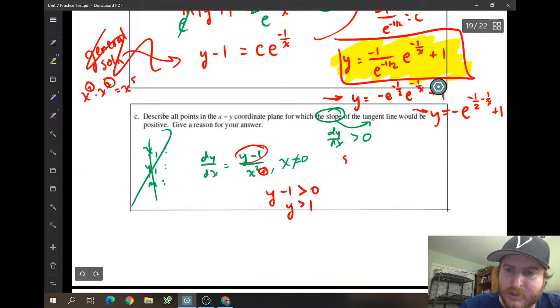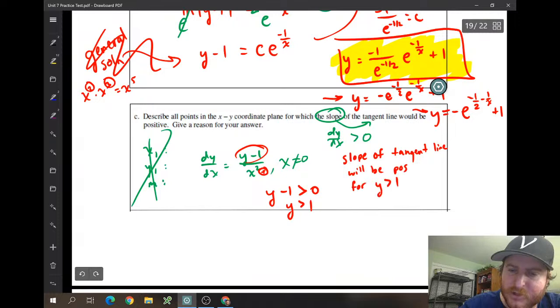So we can say the slope of the tangent line will be positive for y greater than 1, and then just add on, such that x cannot be 0. So that's your answer.